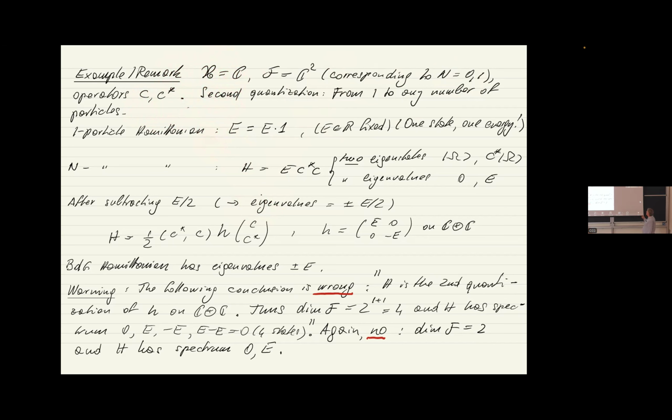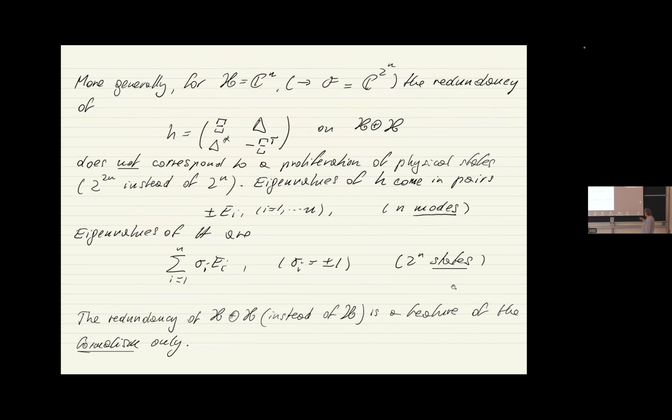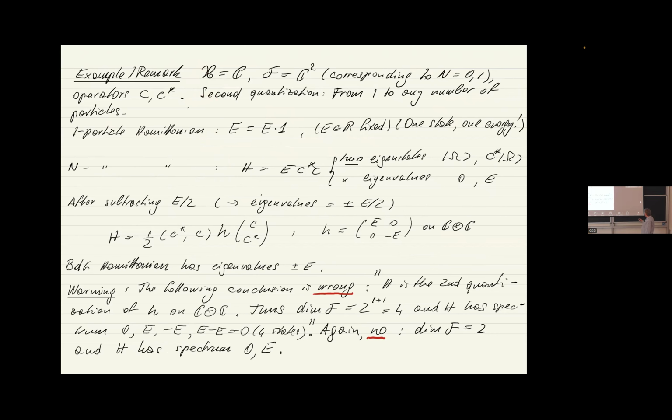And second quantization generally brings us from 1 to any number of particles, but here just between 0 and 1. And the one particle Hamiltonian is just one number on this one-dimensional space. So you pick any fixed energy E and multiply by the identity of this space. And that's the one particle Hilbert space. It has one energy and one state.